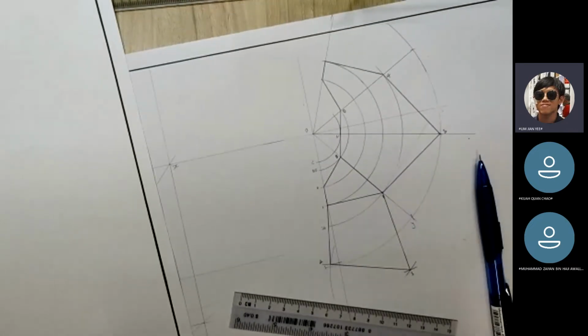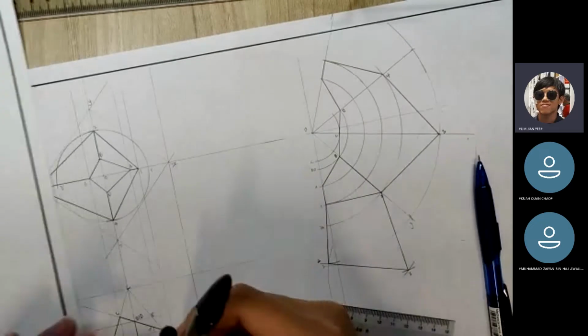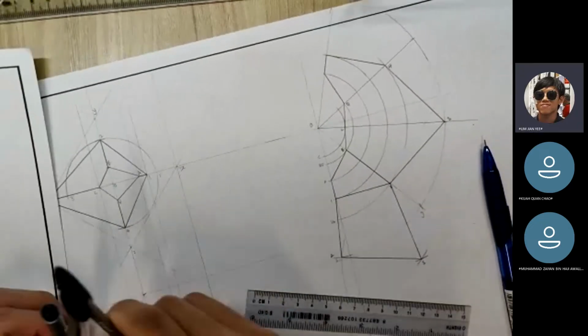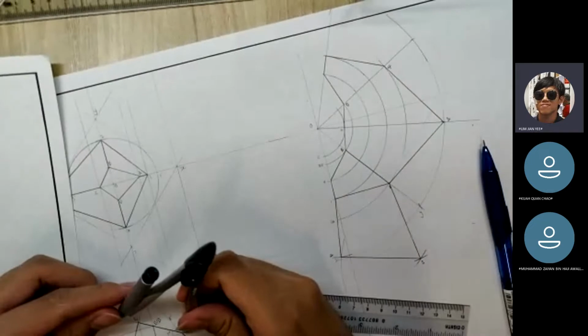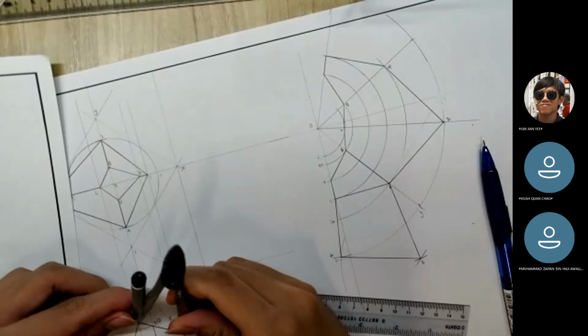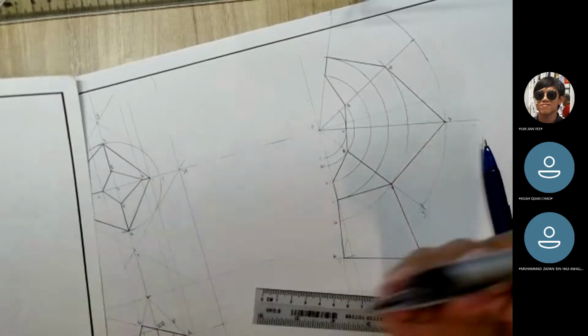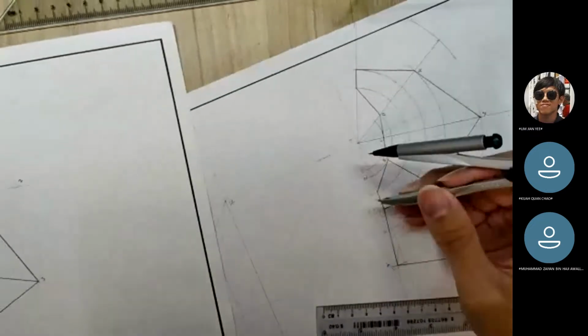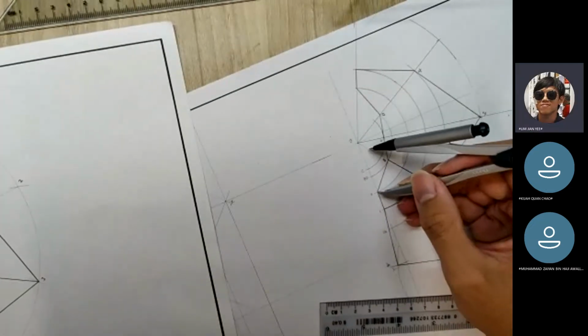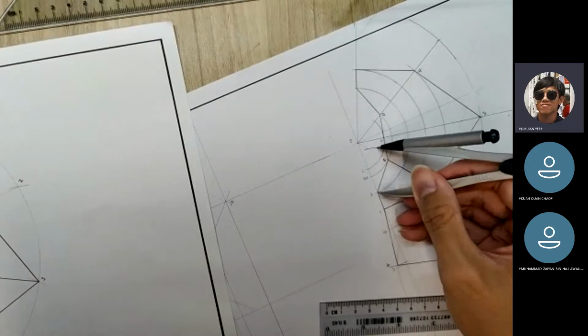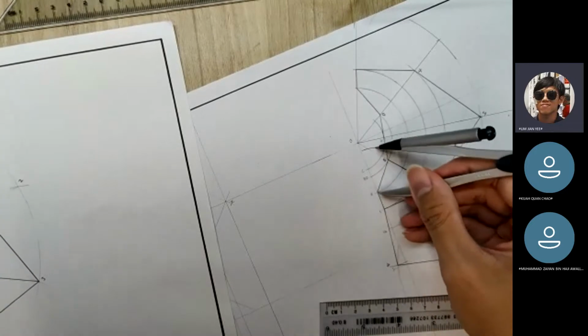Now we move to the top cover. So you basically do the same thing. How monotonous. So you measure A to C. So A to C, right? Then take compass and let's mark somewhere here. Okay.